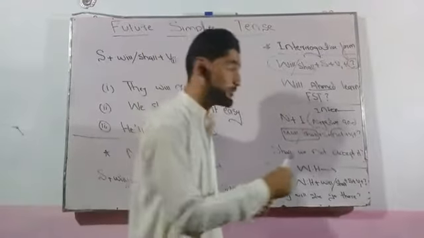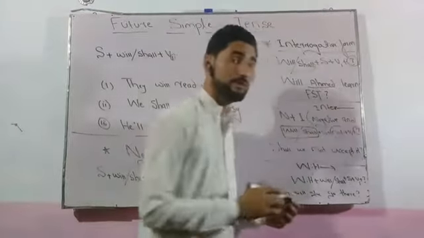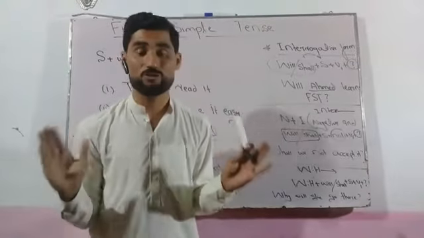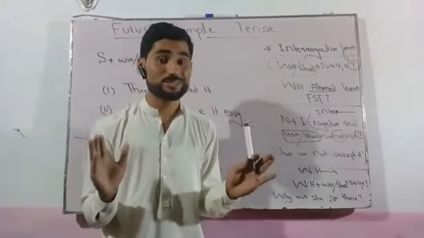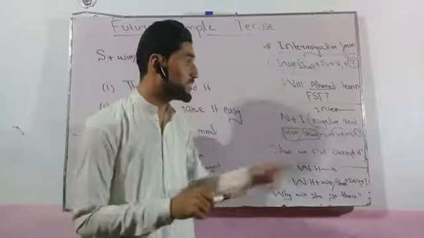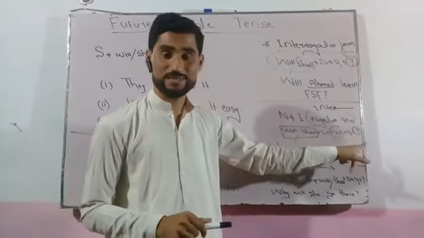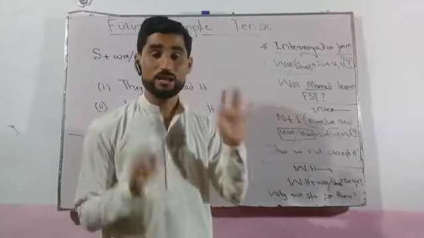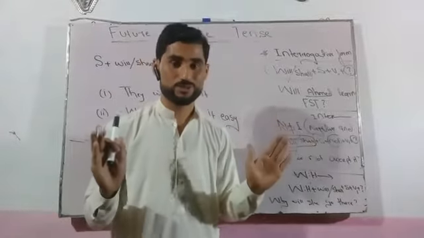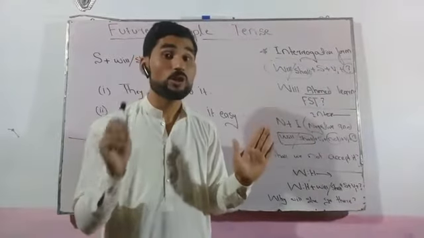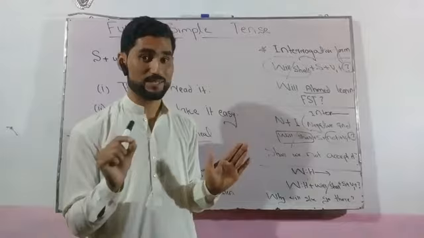Don't forget to put the sign of interrogation at the end, because it's negative and interrogative. In the last three structures, don't forget the sign of interrogation at the end of the sentences.